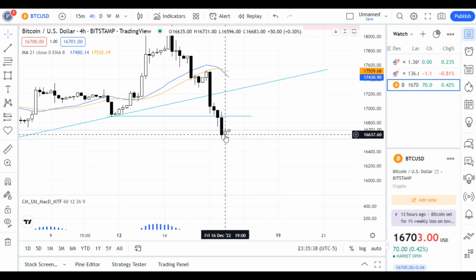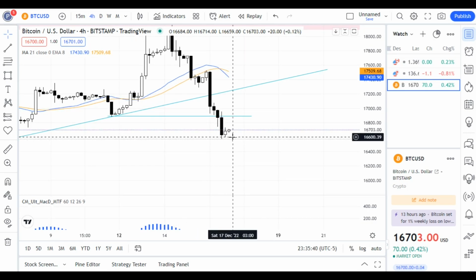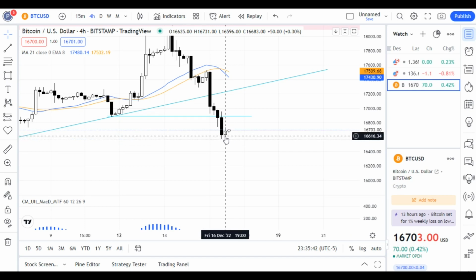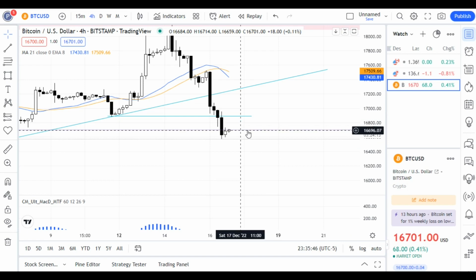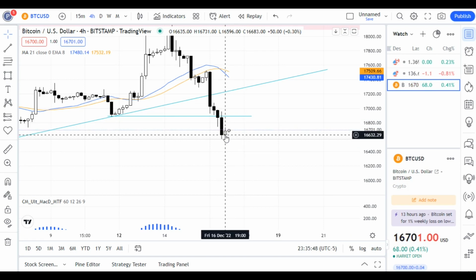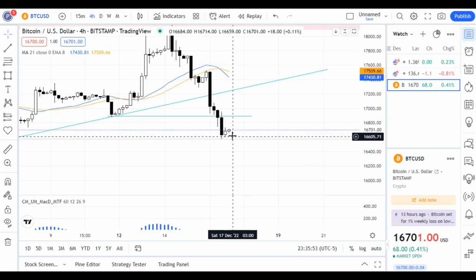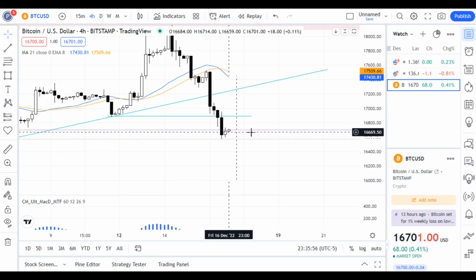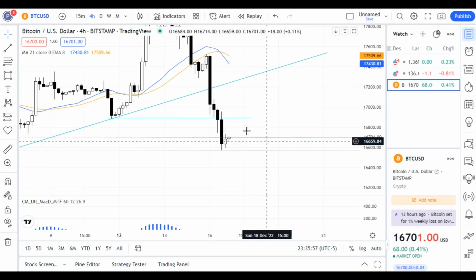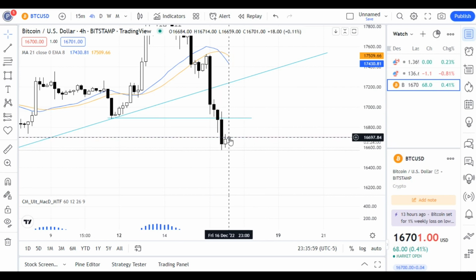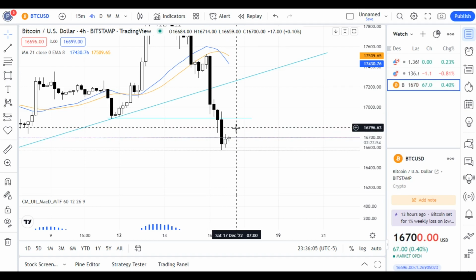The 4 hours has indicated it here, it is also a harami. So the 4 hours and the daily are giving us a harami candlestick pattern here, which is well confirmed. The 4 hours is even giving us extra confirmation. So when this is completed on Monday, if it remains the same, it's telling us that this market will be pushing up a little bit.